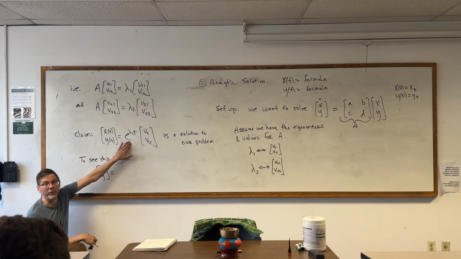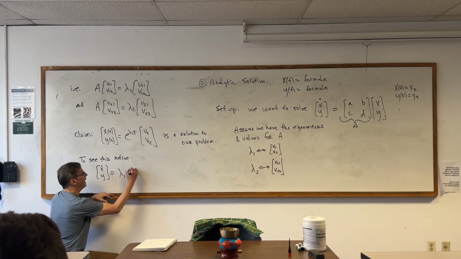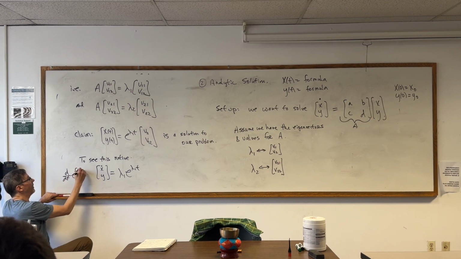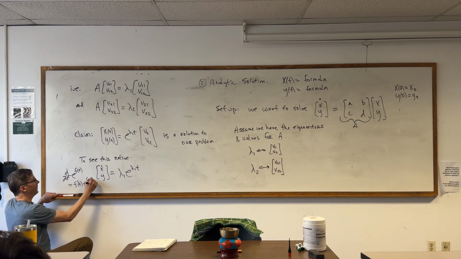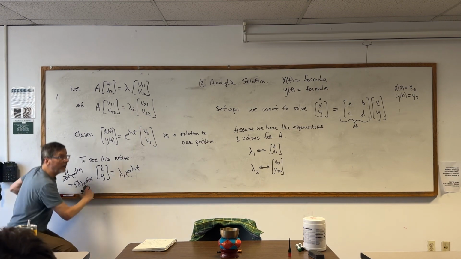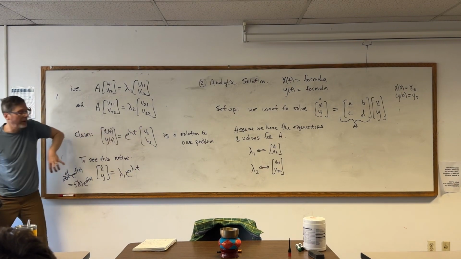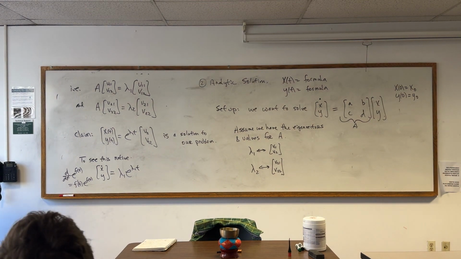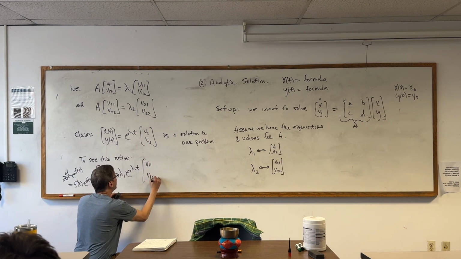What's the derivative of this guy with respect to t? Yes. Lambda 1 e to the lambda 1 t. The derivative of e to f of t is the derivative of that exponent times e to the f of t. So it's just the derivative of the exponent brought out in front. And then times this vector, v11, v12.